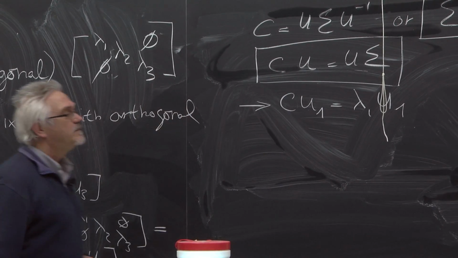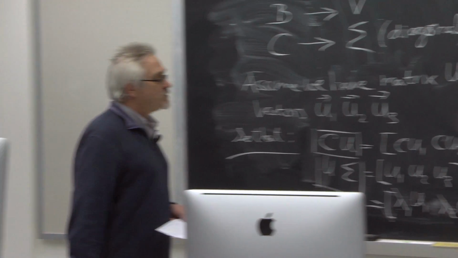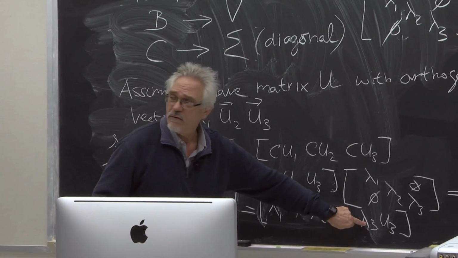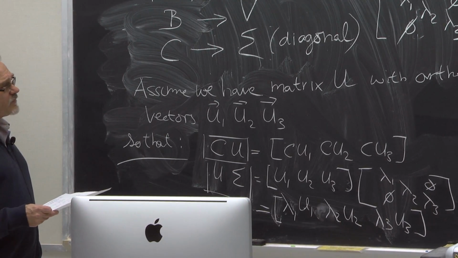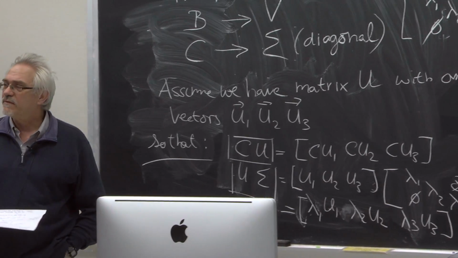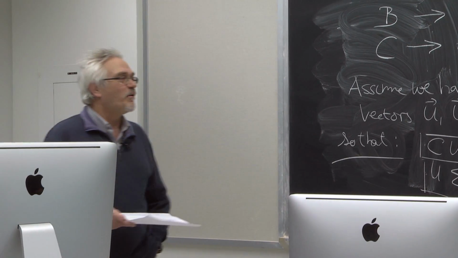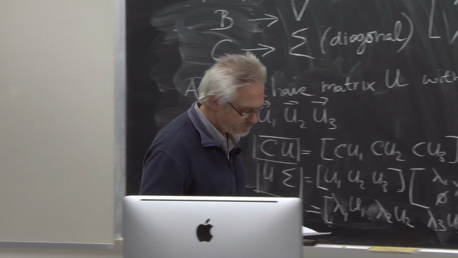I'm not going to write that down, but that's obvious. I make this equal, and that equal. So now the question is, because you could look a little bit glassy, and most of you do, how are we going to use this, and how are we going to accomplish this?